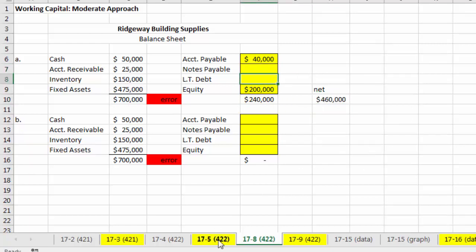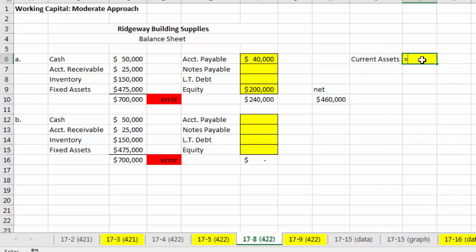Well, we also want to do this. Let me go ahead and find my current assets total, which is going to equal the sum of these three values here. So current assets are 225. We want to do the moderate approach, where all temporary current assets, so that was 60%, you remember, temporary current assets equals 60% of all the current assets, are financed by current liabilities.